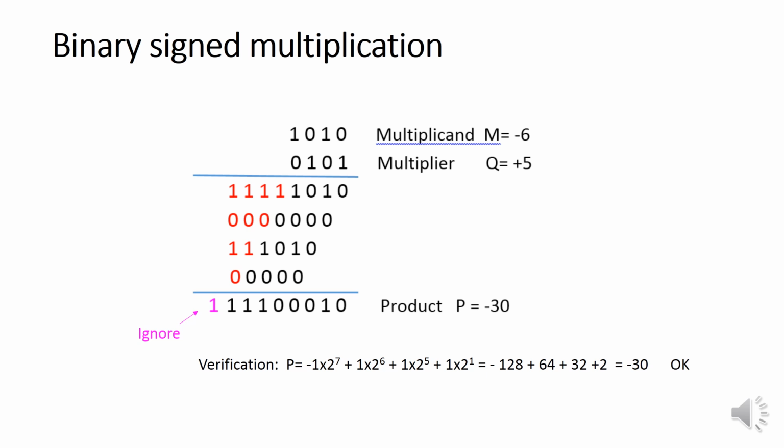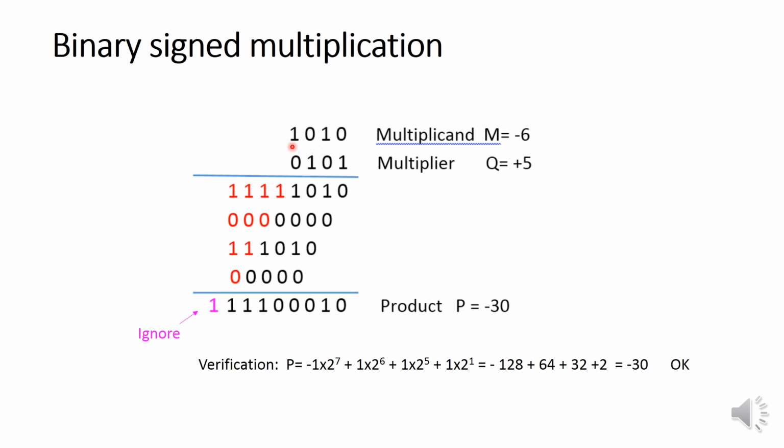Let's take a first example of multiplication of two numbers, one positive and one negative. Minus 6 times plus 5, the result is minus 30. Minus 6 in signed binary is 1010.